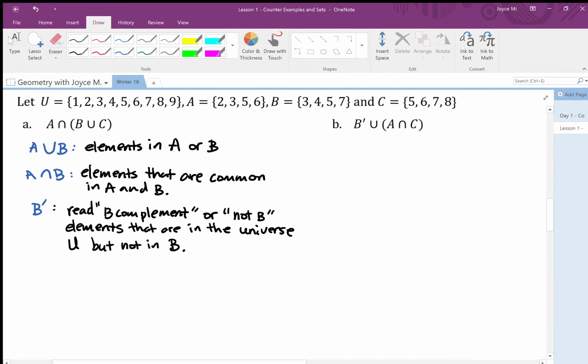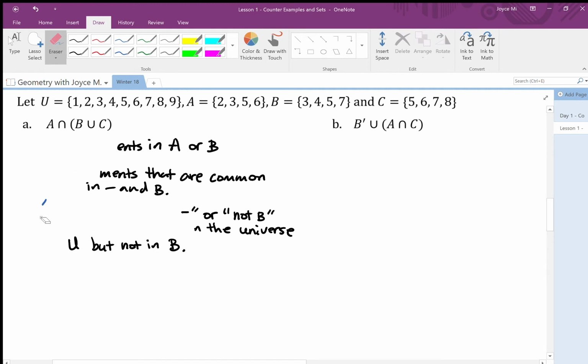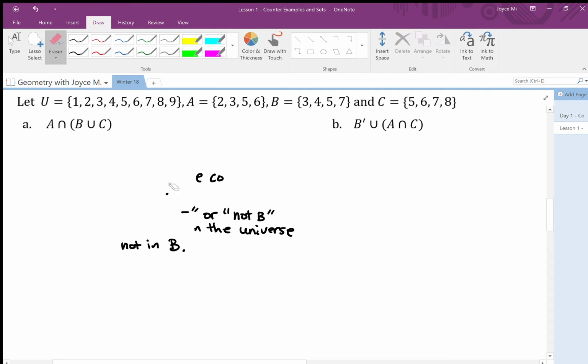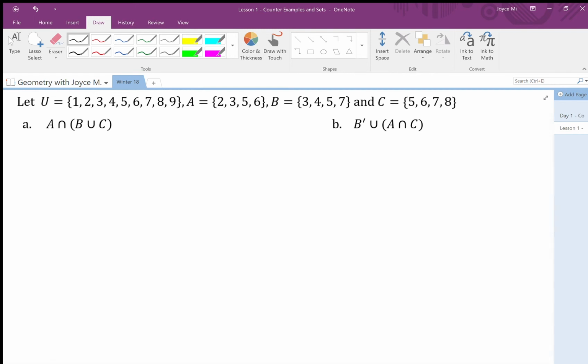So now let's look at question A. I'm going to erase this and look at question A. It asks me to look for B union C and then intersection with A. Think of it as order of operations. I have parentheses, B union C, so do B union C first.